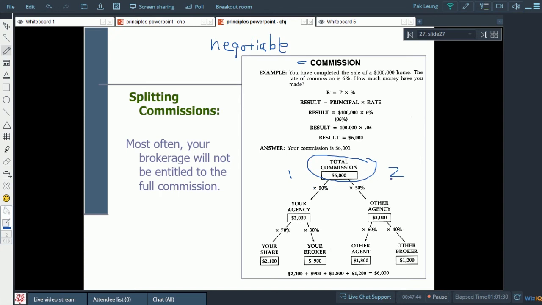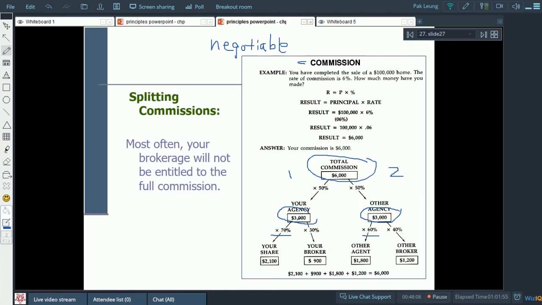But you have two companies, company 1 and company 2. One lists the house, and the other finds the buyer and sells it. So you split into two, it's 3,000 and 3,000.